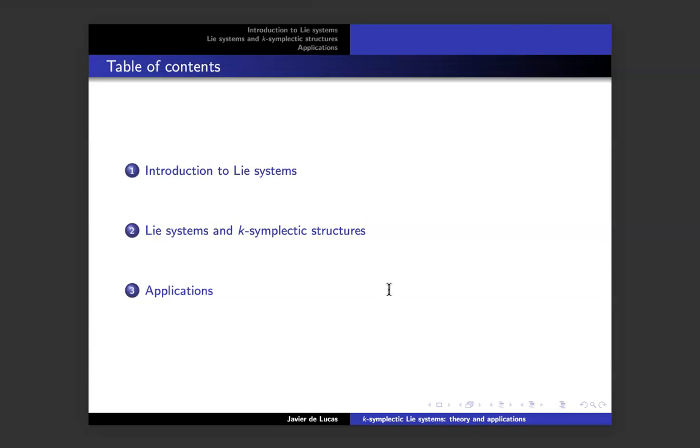For example, the way of defining Hamiltonian vector fields for just one vector field for a k-symplectic structure is a little bit more complicated. And also, the things you used to do when you have a Hamiltonian k-vector field with respect to a k-symplectic structure are a little bit different from what you are going to do to apply this formalism to ordinary differential equations.